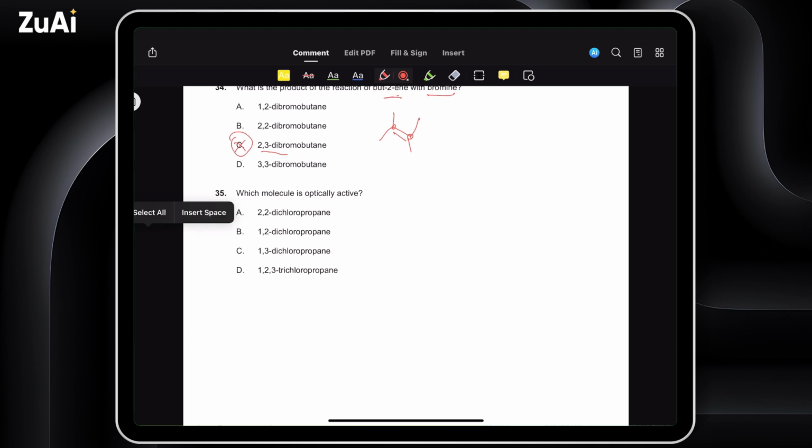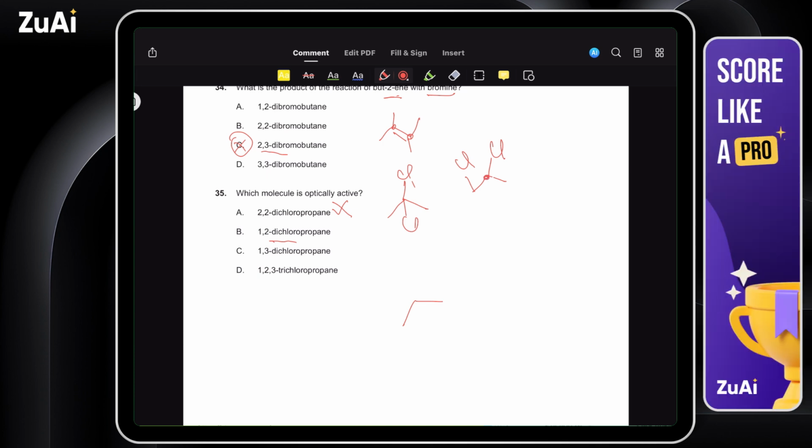Which molecule is optically active? Optically active means it has a chiral center. So propane, 2,2-dichloro: over there is hydrogen, over there is methylene, over there is methyl. That is not correct because it does not have any chiral center. 1,2 means over there one chlorine, and another chlorine, so this is the chiral carbon.